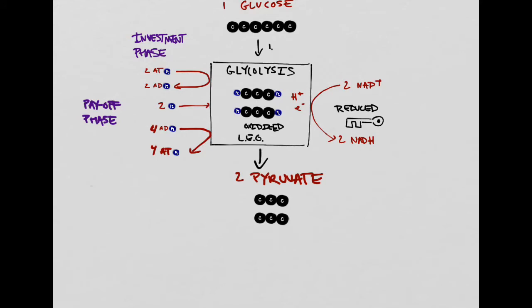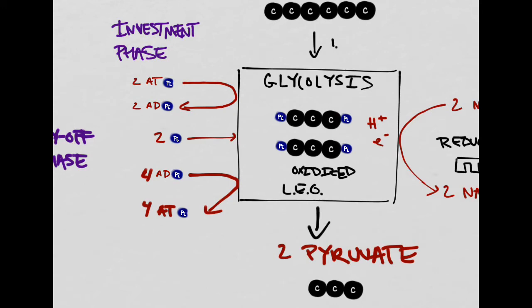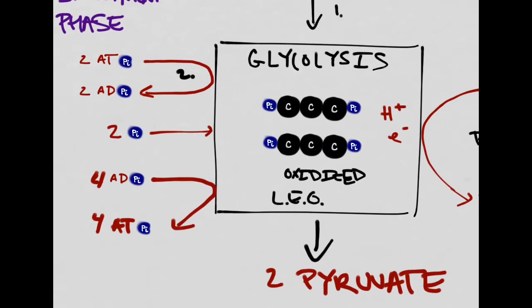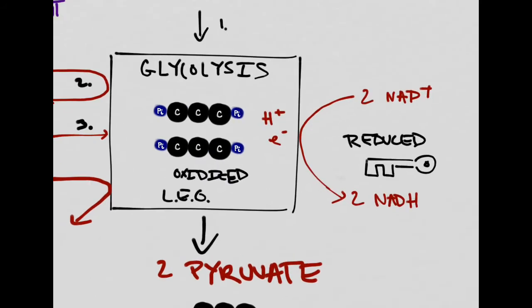So here I'm realizing something that I should have done earlier, which is to label the steps in this process. So first the glucose molecule enters glycolysis. Next we have this investment phase, which is step 2 here. Then we have this inorganic phosphate being added, which you can think of as step 3. And then NAD+ is reduced, and these molecules are oxidized.